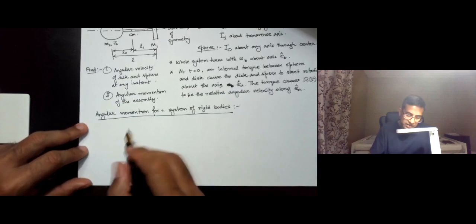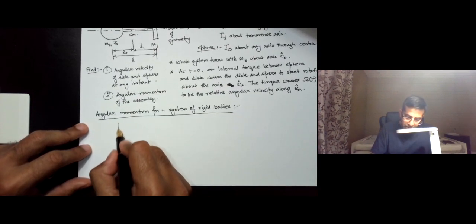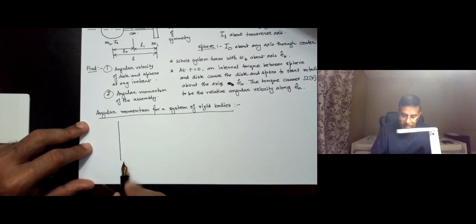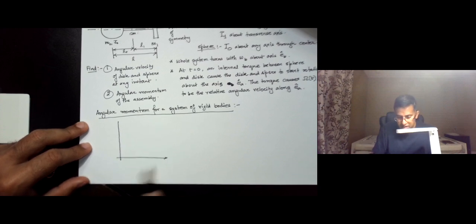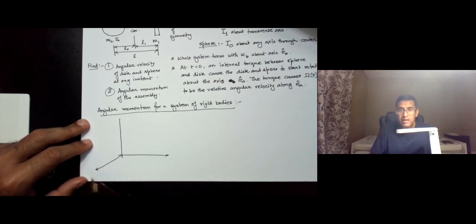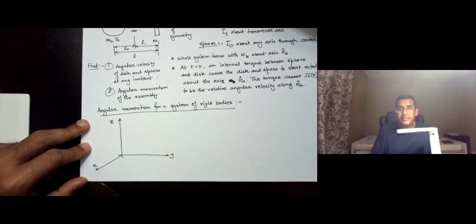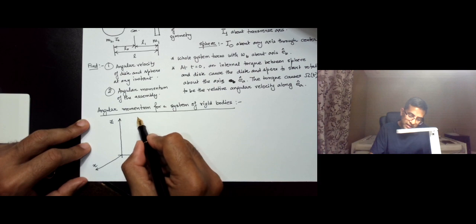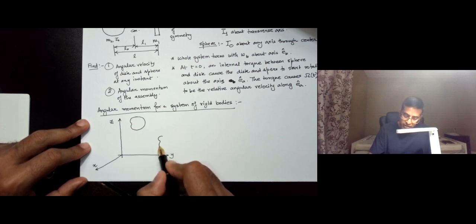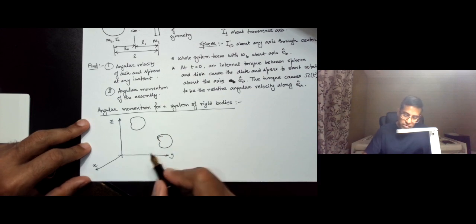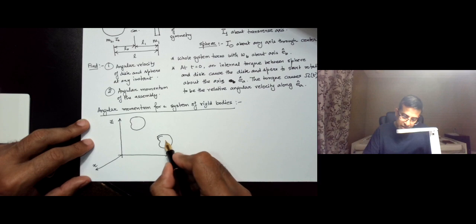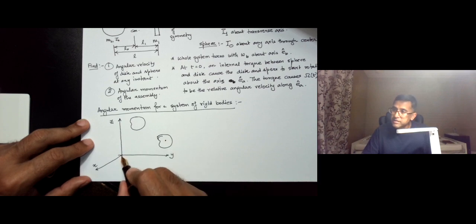Okay, so this is best explained through a diagram. Let's consider an inertial reference frame XYZ, and let's say that there is a rigid body or a system of rigid bodies. We are just showing two here. Let us say that this is rigid body 1.